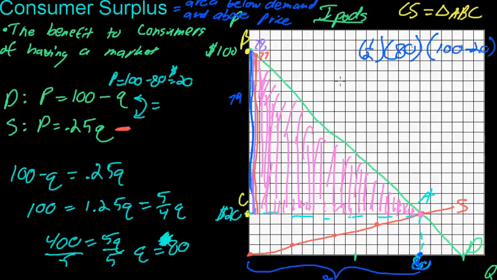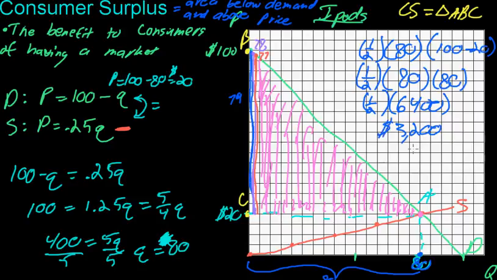So 1/2 of 80 times 80. Well, 80 times 80 is 6,400, so we have 1/2 times 6,400, and half of 6,400 is 3,200. And that is measured in dollars.